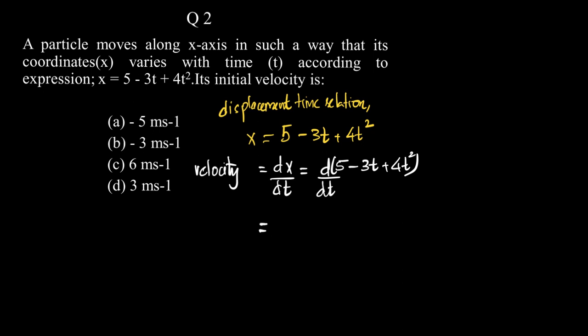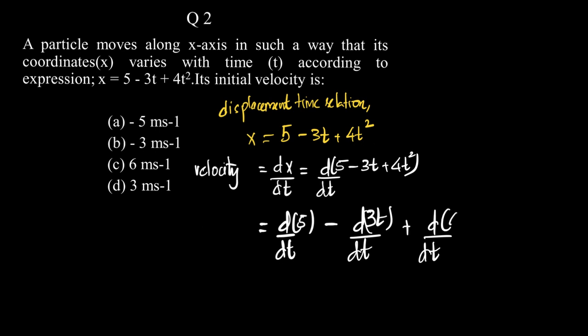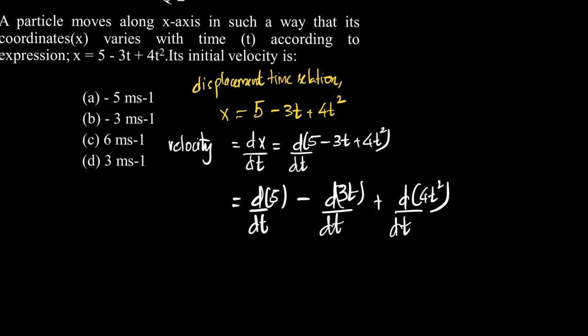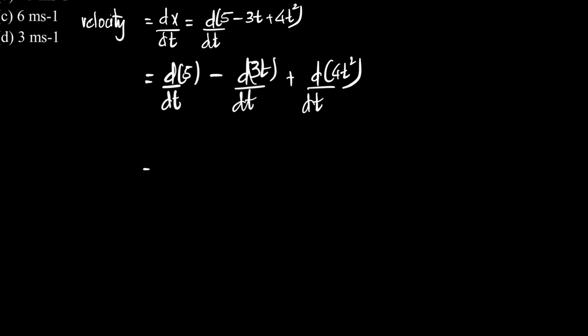which is equal to minus 3 into, okay, let me, for those people who have not covered the basic differentiation chapter, let me write this in each and every step. So we have d by dt of 5 minus d by dt of 3t plus d by dt of 4t square, which is further equal to the derivative of a constant, which is 0, minus 3 into d by dt of t, plus 4 into d by dt of t square.